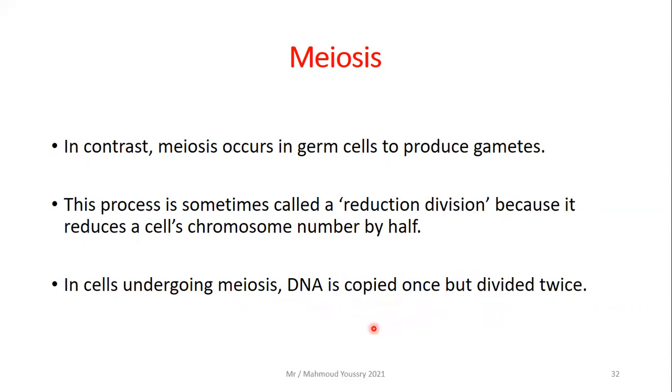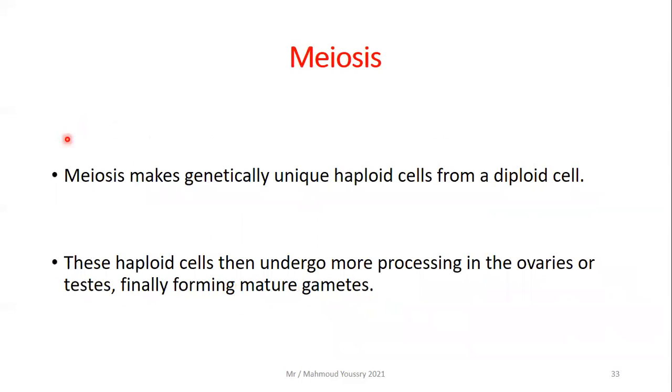Meiosis makes genetically unique haploid cells from a diploid cell. These haploid cells then undergo more processing in the ovaries or the testes for finally forming mature gametes.